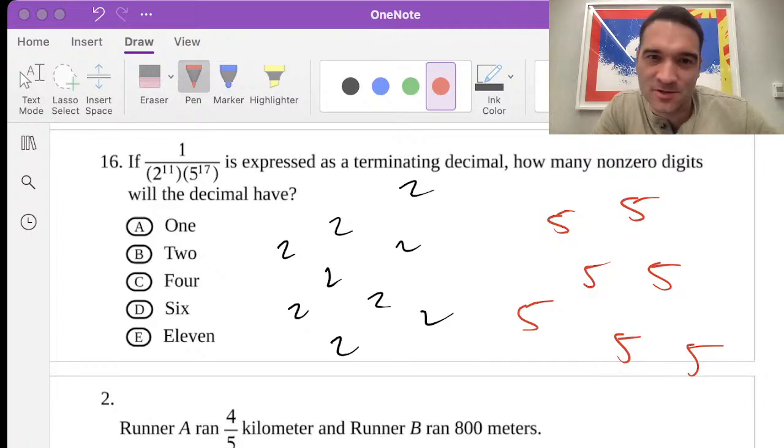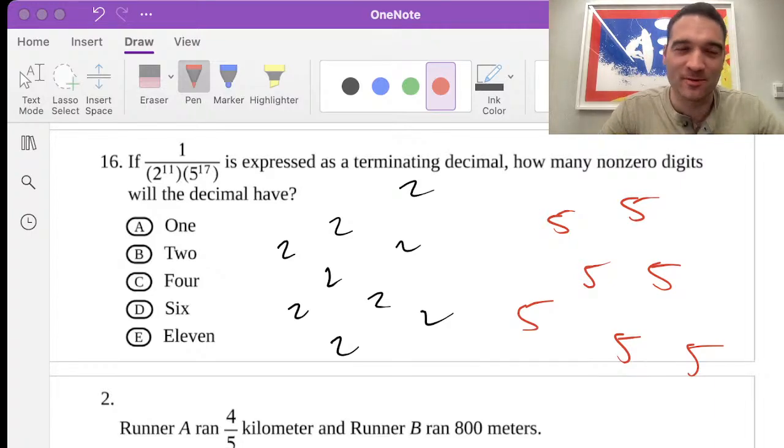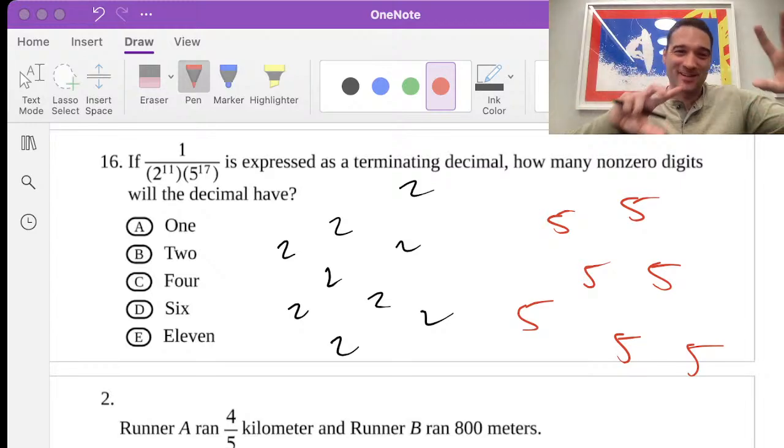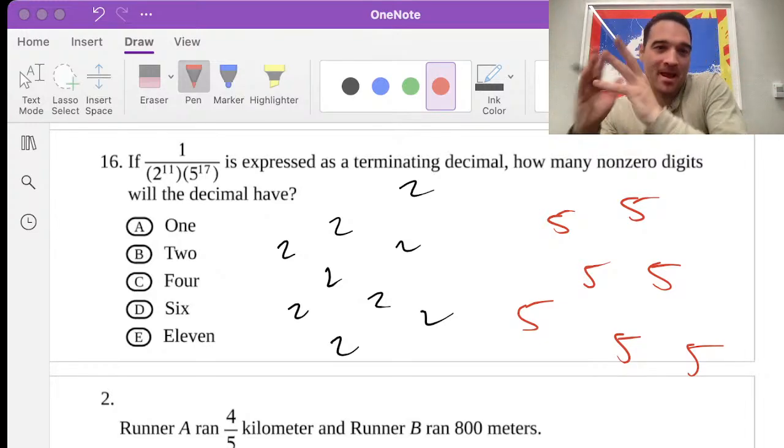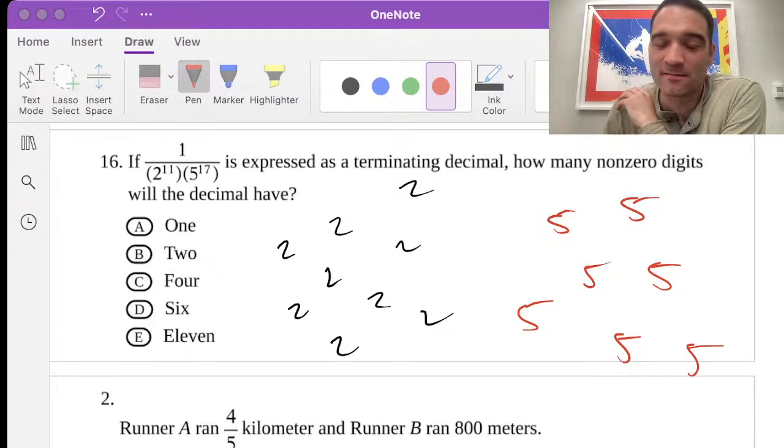I think a good analogy here is chemistry. I hated chemistry, but one thing that I remember is you have a bunch of atoms or elements floating around, and they match up and create a molecule or a compound, whatever the difference is. But back to my question, how many 10s can I create if I have 11 2s floating around and 17 5s floating around?